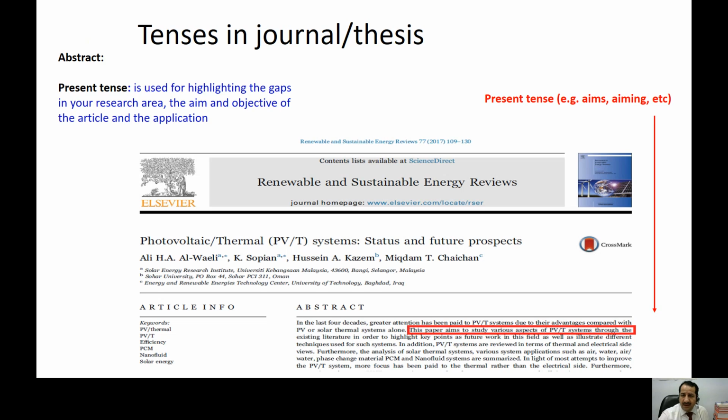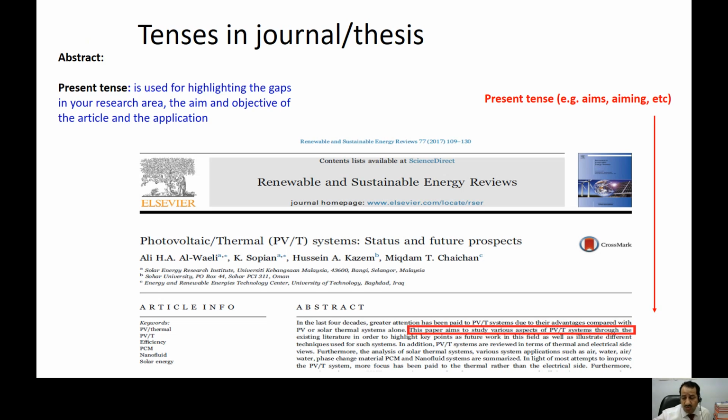I try to use it as a case study to highlight important points in the abstract, introduction, results, methodology, conclusions, and so on. Later on I will show you how you submit. I will take this as a case study, the same journal, Renewable and Sustainable Energy, which has almost the same trend, and how researchers submit a paper.